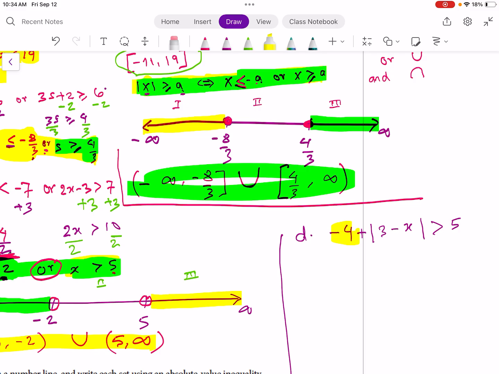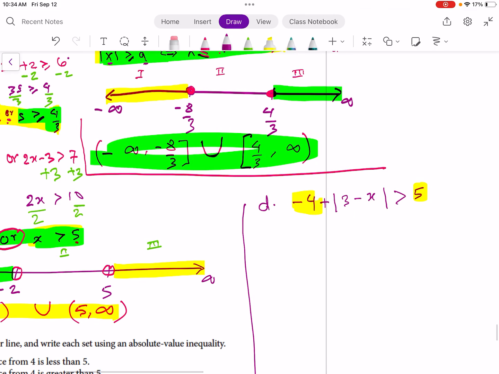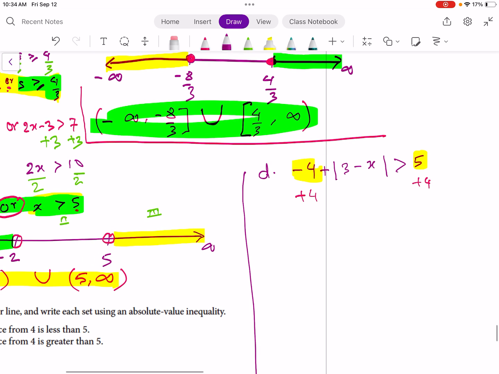So we do not have the absolute value expression on one side, so we need to make the absolute value expression on one side and the remaining, so these two are like terms. So let's collect these two terms together. Let's get rid of -4 by adding 4 on both sides. So we have absolute value of 3 minus x is greater than 9.